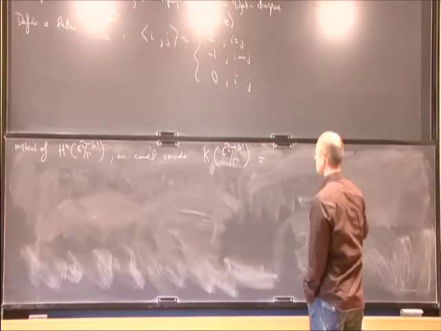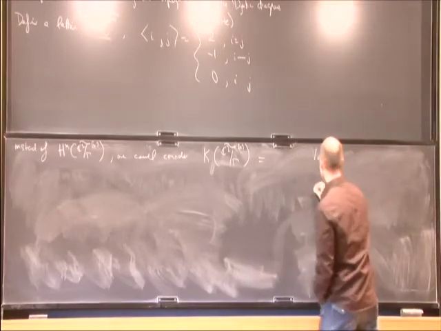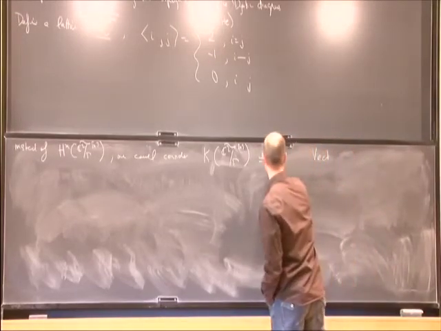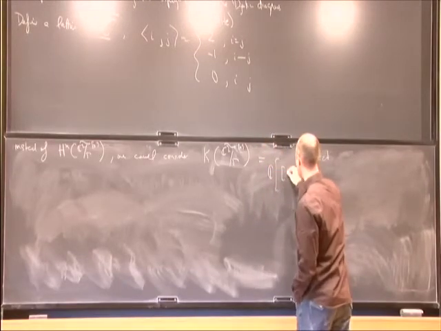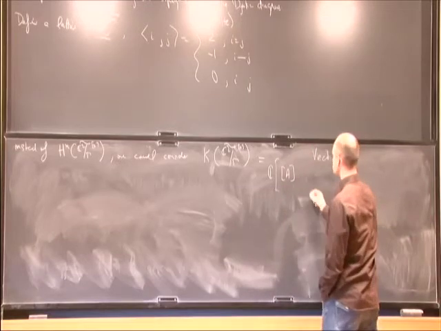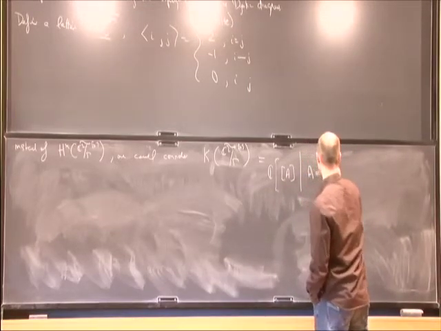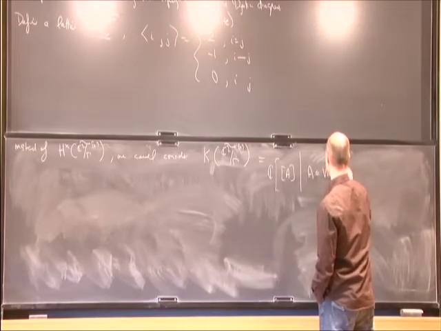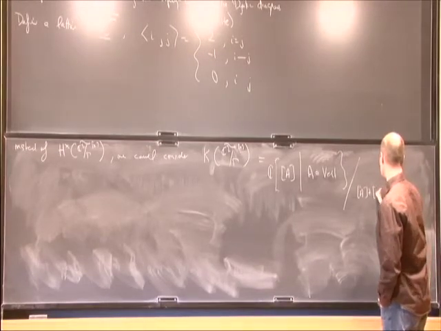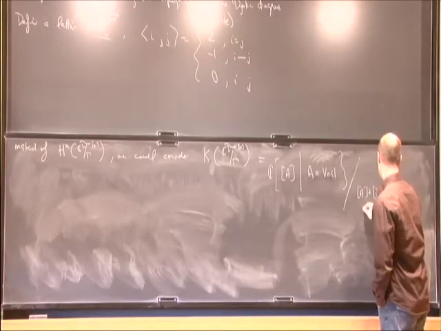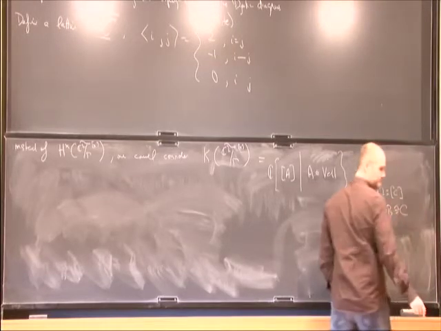Then you can write down a vector space, namely the vector space spanned by a vector for each vector bundle on your space, and then mod out by the relations that A plus B equals C when the vector bundle A direct sum B is isomorphic to the vector bundle C.